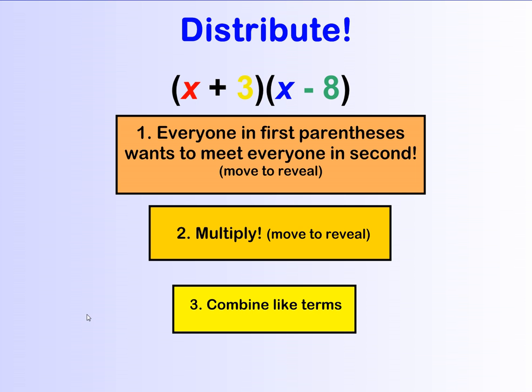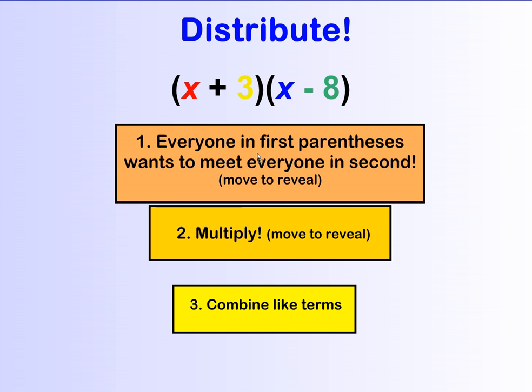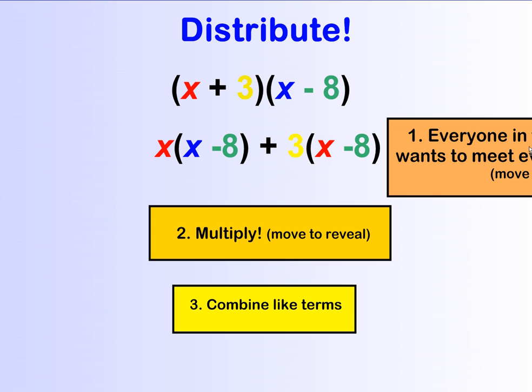So if we have two separate sets of parentheses, we want everything in the first parentheses to meet everyone in the second. So that means we want this x to be multiplied times x minus 8, and this 3 to be multiplied times x minus 8 as well.